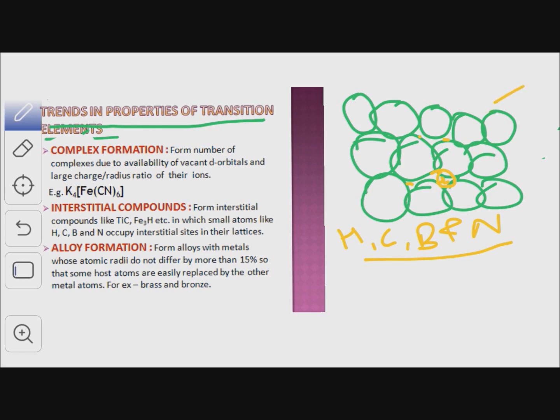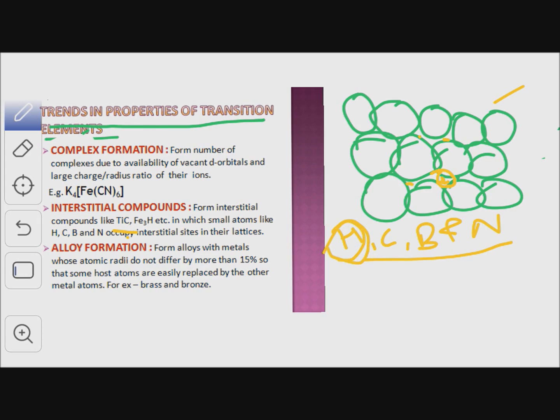For example, titanium carbide, in which carbon is present in interstitial sites of the titanium crystal. Similarly, Fe3H, in which hydrogen is present as a small atom in interstitial or vacant sites of the iron crystal or iron lattice.